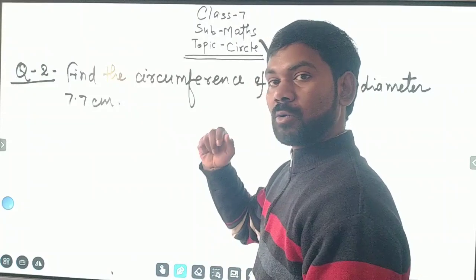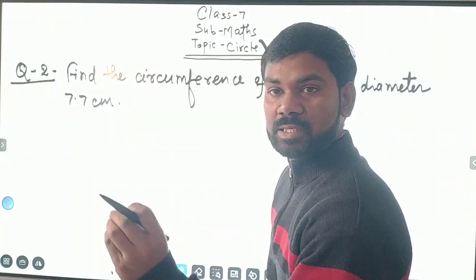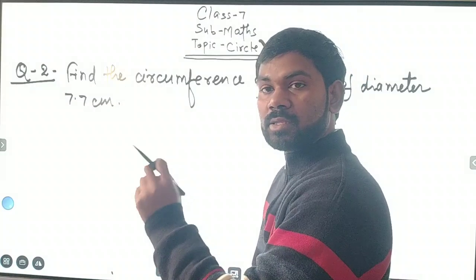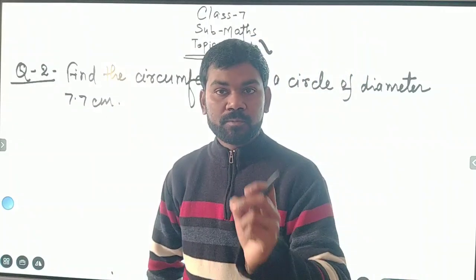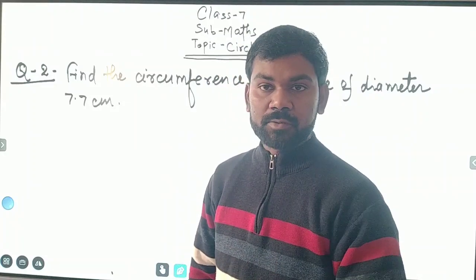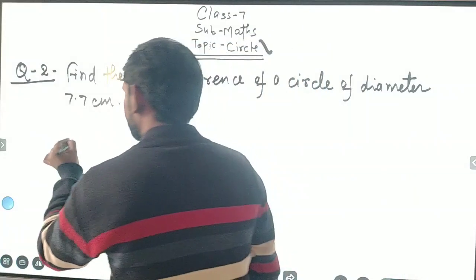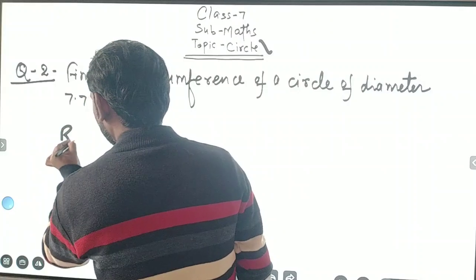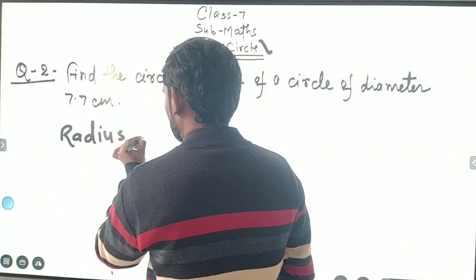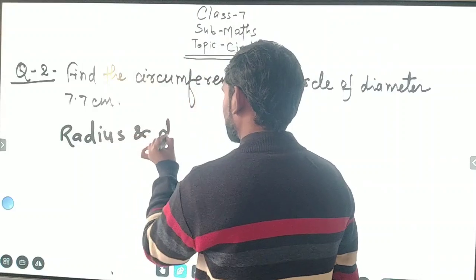Now let's see the relationship between the radius and the diameter, because in the formula we have the term of radius, not of diameter.